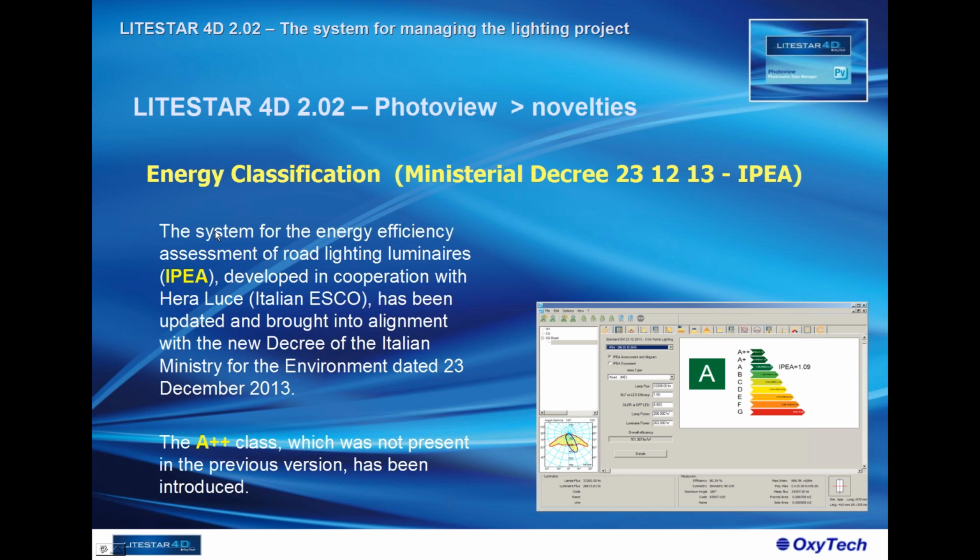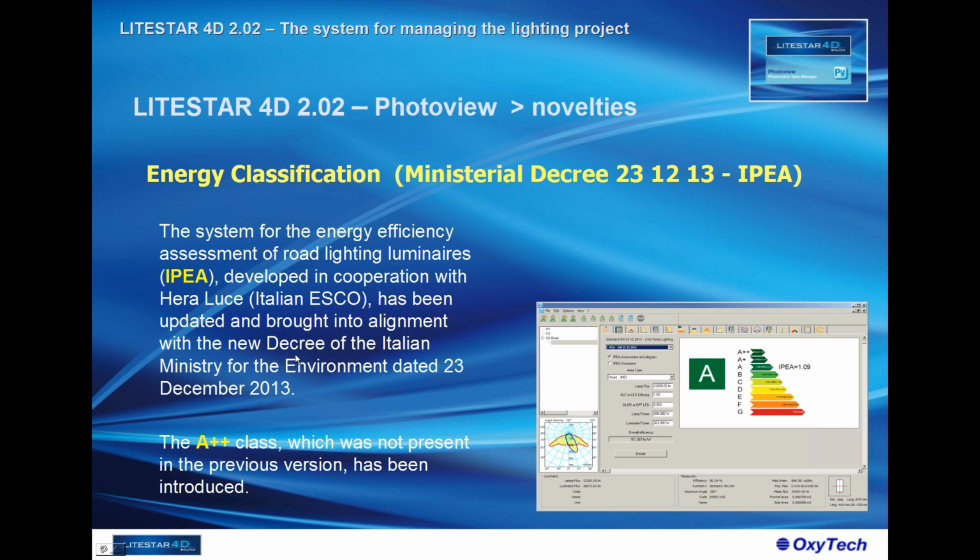This energy classification is the energy classification for the luminaire, and it is called IPEA, Parameterized Index for Energy Efficiency of Luminaires. It was developed in cooperation with Era Luce, which is an Italian ESCO, energy saving company of Italy, one of the main ones, and has been updated and brought into alignment with the new decree.